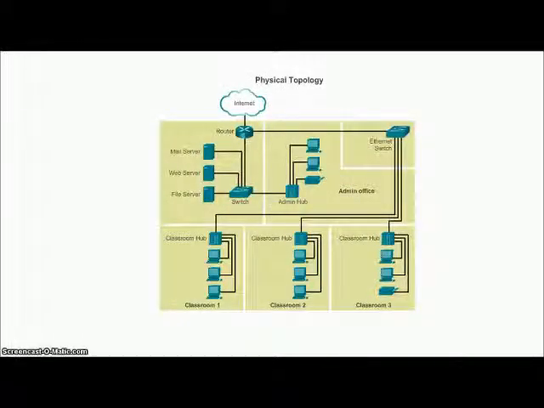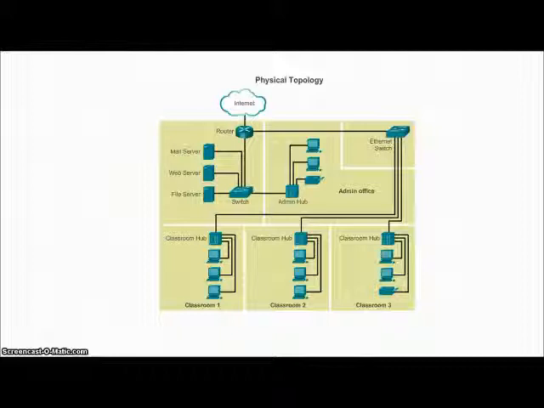Physical topology. The topology of a network is the arrangement or relationship of the network devices and the interconnections between them. LAN and WAN topologies can be viewed in two ways.